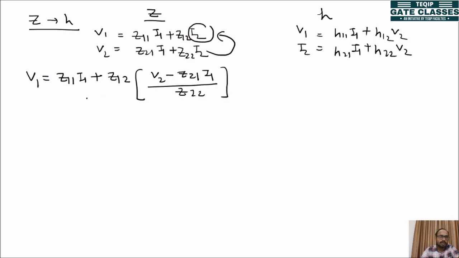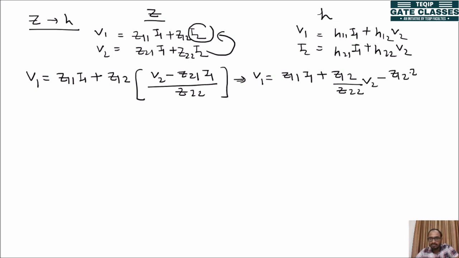divided by Z22. Again, further you can write V1 is equal to Z11 I1 plus Z12 divided by Z22 V2 minus Z12 Z21 divided by Z22 I1.